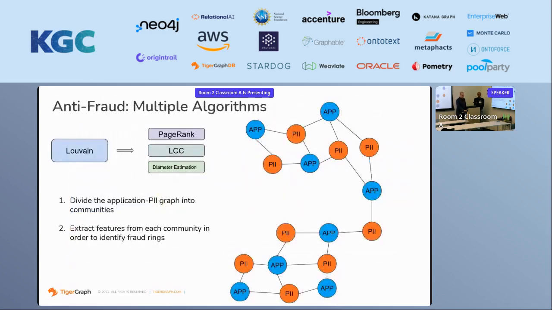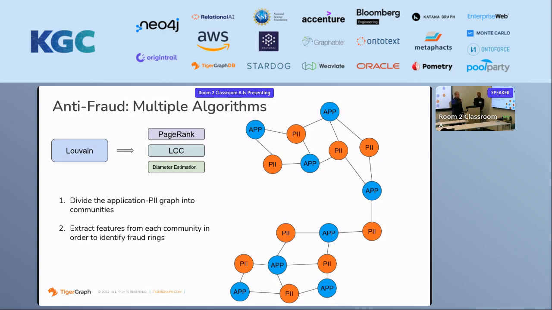Summary is that we can solve for other interesting problems like anti-fraud. Our friends at places like JPMC and B of A do excellent work in terms of intercepting synthetic identity fraud and other kinds. And you can see that we use multiple algorithms to solve these problems. We use Louvain modularity, we use PageRank, we use loosely connected components, as well as diameter estimation.